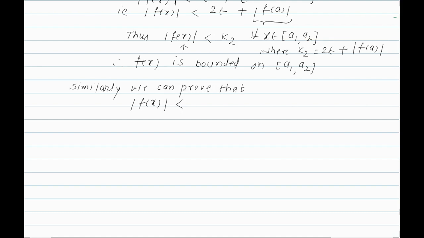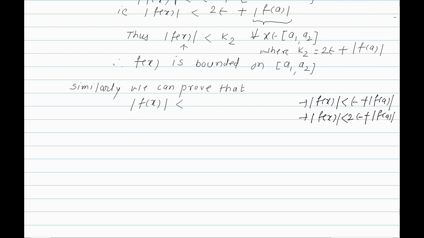We have shown that mod of f of x is less than epsilon plus mod f of a for all x in the first subinterval. For the second subinterval, this is less than 2 epsilon plus mod of f of a, and so on.